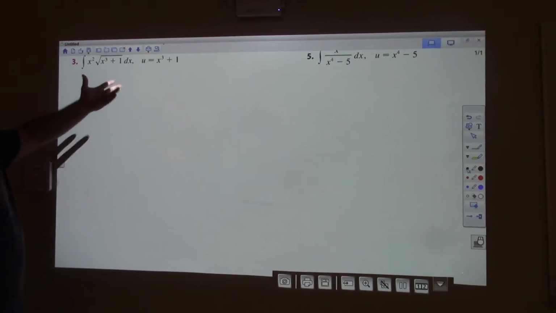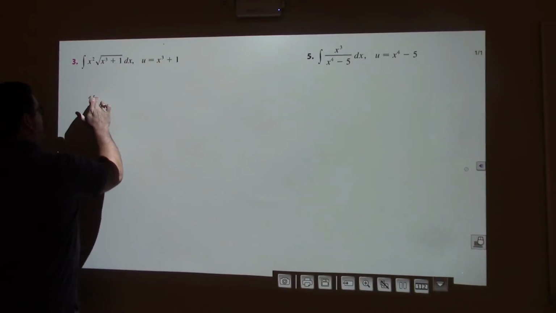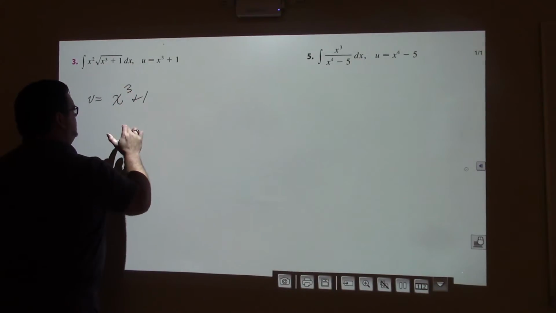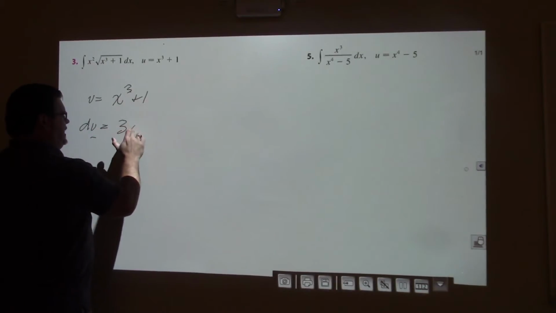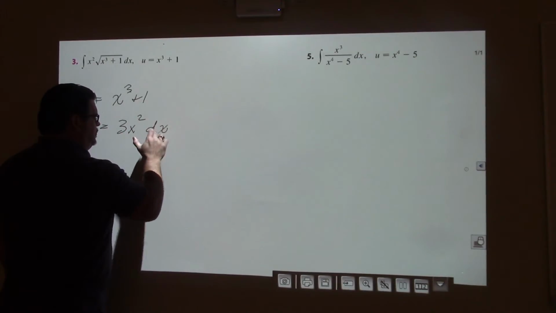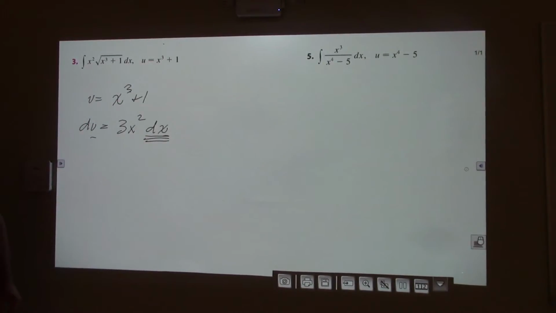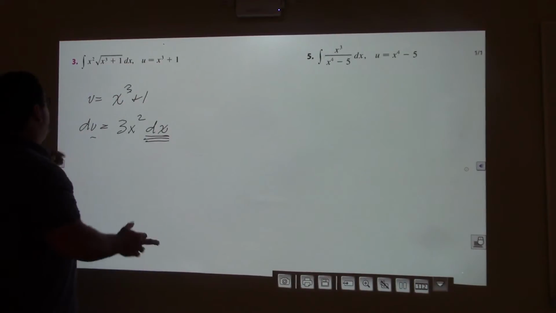All right, which one is the most complicated? Well, they tell you x cubed plus 1. So let's just write u is equal to x cubed plus 1. Then du is equal to what? 3x squared dx. Now this right here helps you. Write that dx down because you've got a dx in the formula. But you don't have what? Well, rewrite it.